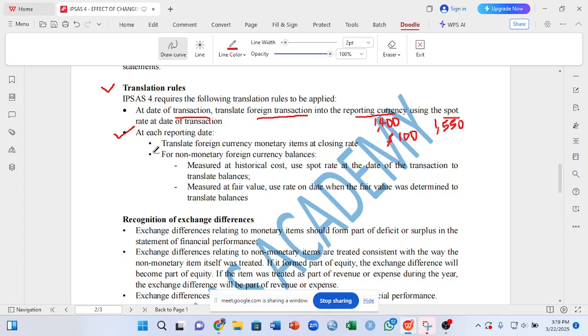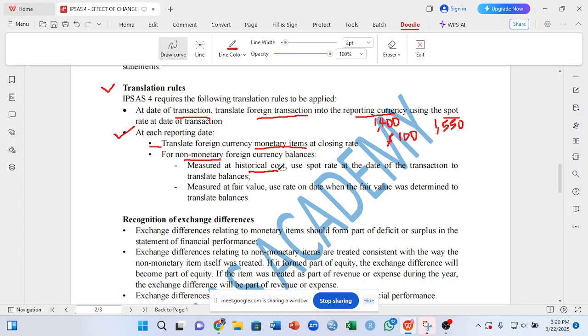The first one is saying that if it relates to monetary items, make sure that the foreign currency you translate them using the rate prevailing at the closing date. What about if it's non-monetary? If it's non-monetary and it's at the historical cost, you use the historic rate.